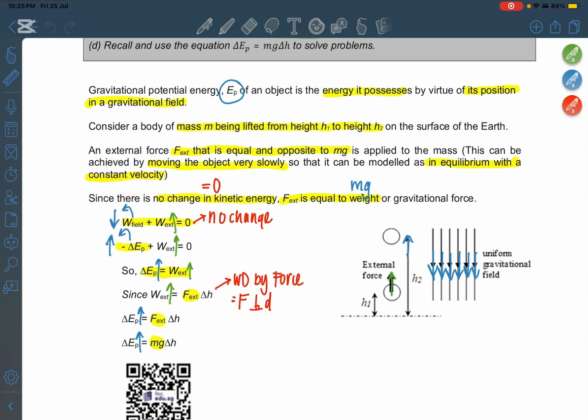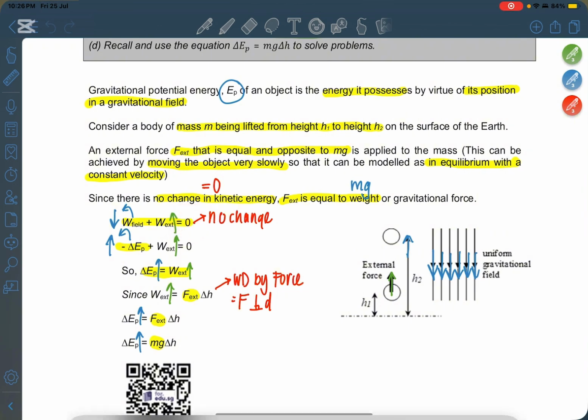Since you move it very slowly, there's no change in kinetic energy, KE equals 0. And the external force is equal to its weight, mg, or what we like to call the gravitational force. So the work done by the gravitational field added to the work done by the external force is going to be equal to 0.